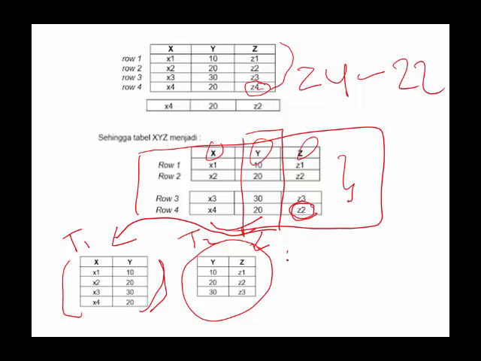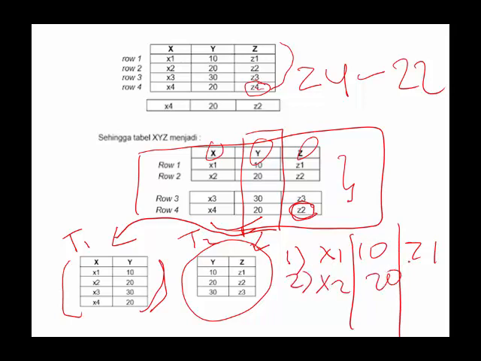In the first row we have x1 10 and then z1. In the second row we have x2 20 and z2. In the third row we have x3 30 and z3.